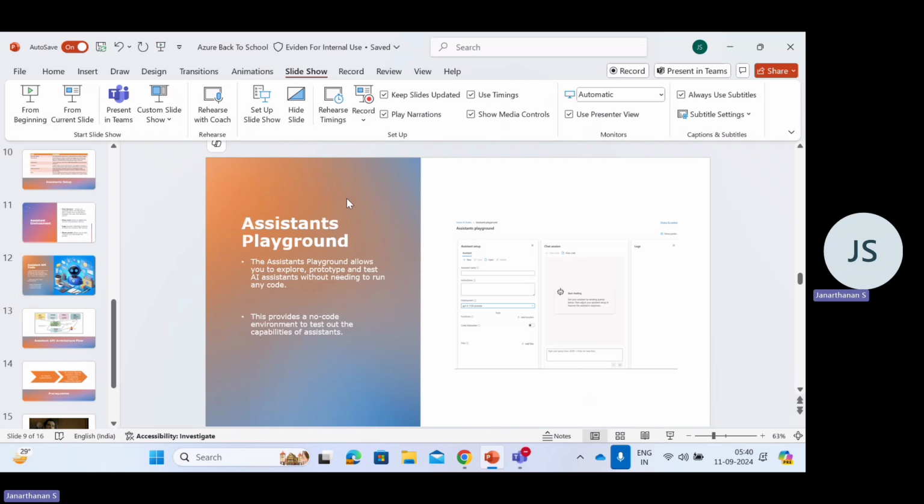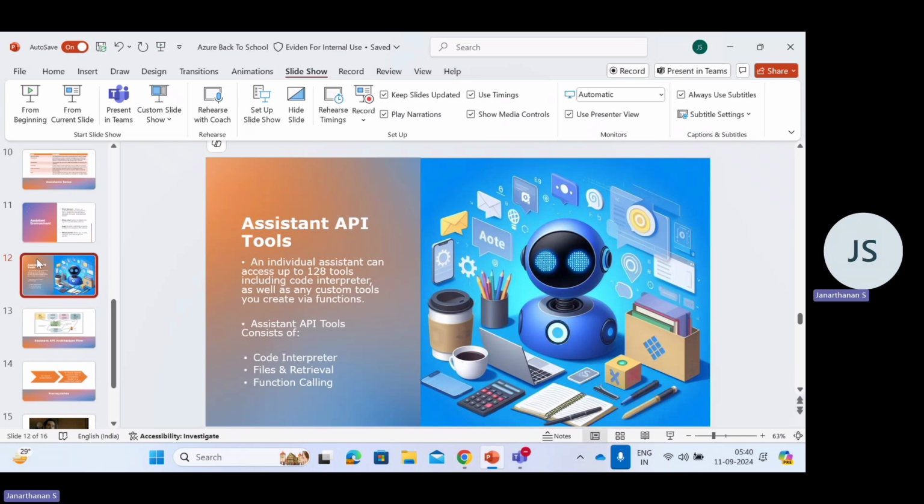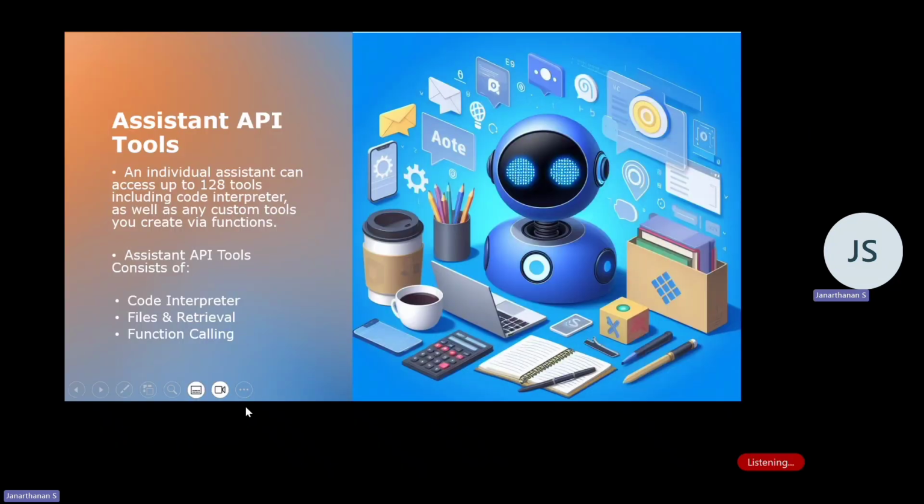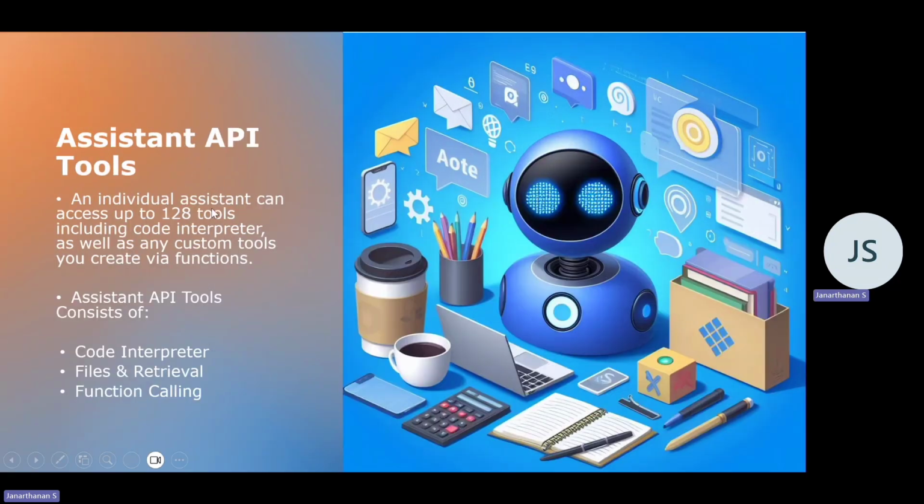As well as if you have an Excel sheet, you can play around with it with tools like code interpreter, and if you want to write functions, like Logic App connectivity, you can make use of the assistant playground. Any individual assistant can access up to 128 tools, including code interpreter, files, code retrieval, and function calling with the help of the Assistant API.